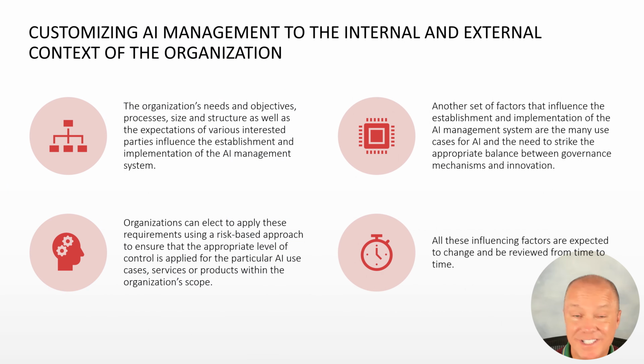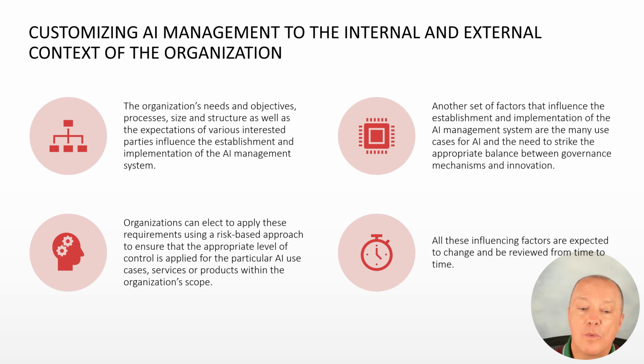As you're going to see in Module 2 of this course, where we build out the architecture and strategy for the AI management system, a key feature of this is that we are going to customize the AI management system to our unique needs and objectives for our organization. That means this is all founded on a good understanding of our needs and objectives.